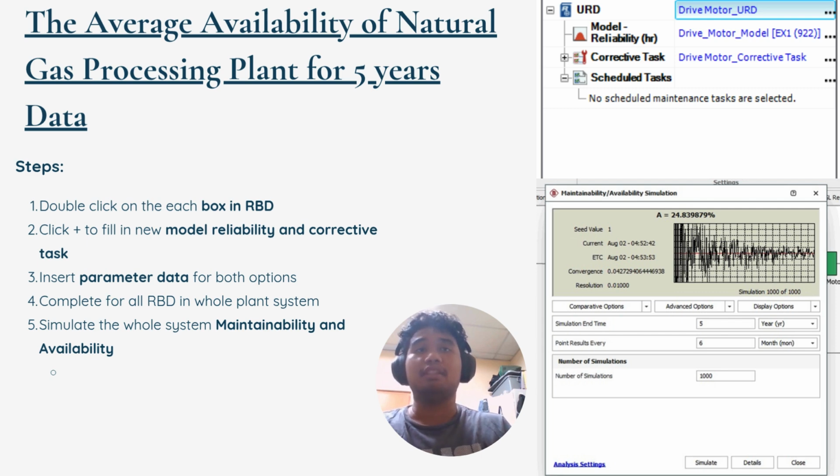As shown in the simulation window on the right, the plant average availability over the 5-year period is about 24.84%. The figure helps identify the system reliability performance and highlights the need for improvement in high-impact components to boost availability.